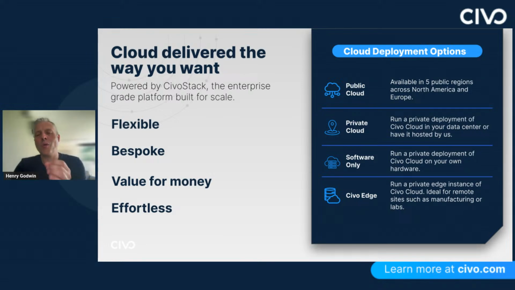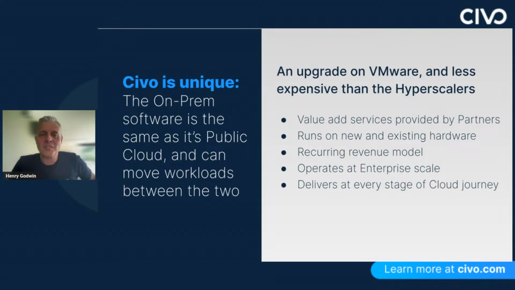I'm going to go out on a limb, but I'm very confident when I say this, that Civo is, in that sense, unique because the on-prem software is the same as its public cloud. It can move workloads between the two. And as a result, anyone at any point in their cloud journey can use the software that suits them where they are most comfortable. Yeah, it's better value, faster and simpler for the user.